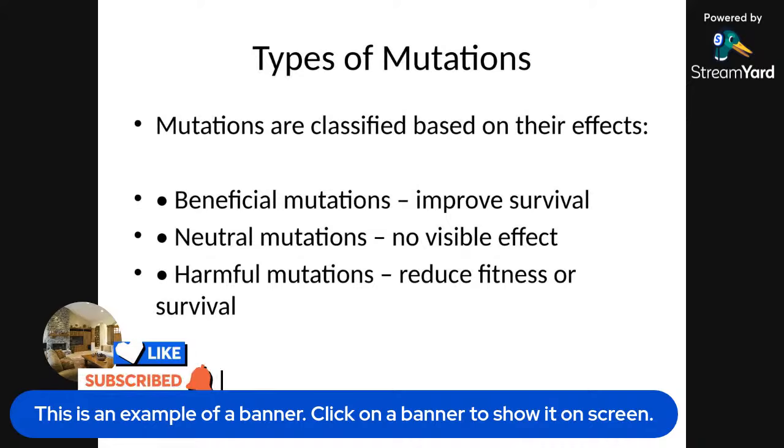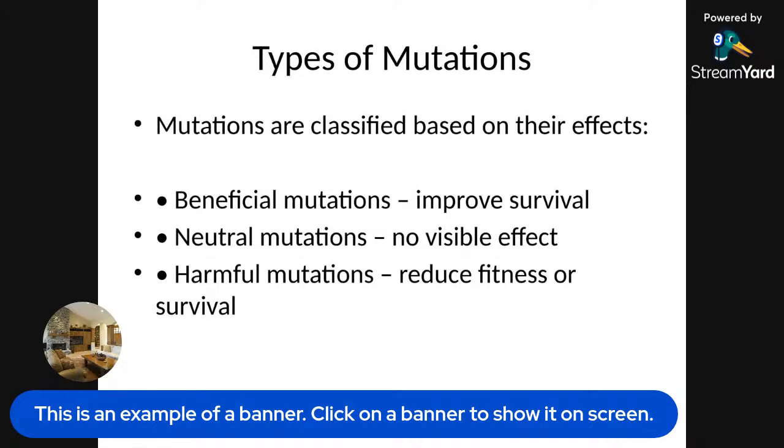Then there is the harmful one. Harmful mutation reduces the fitness or survival of that organism. So I said there are three different effects. It could be beneficial to them, it could have no effect, or it could be harmful to them.